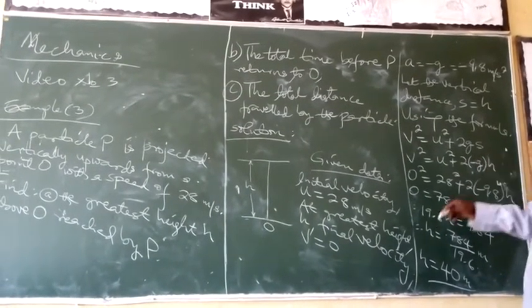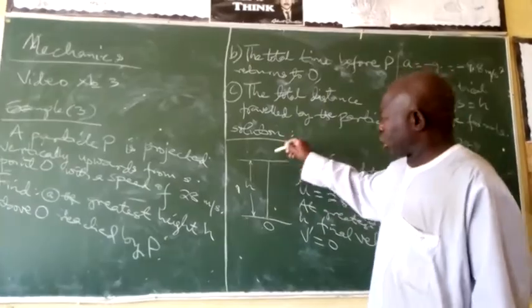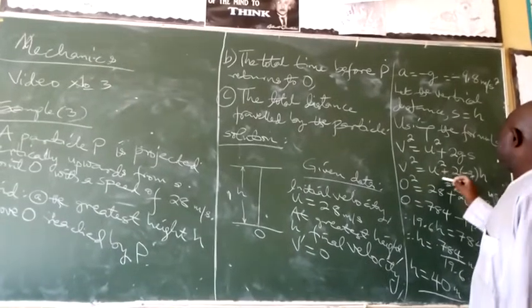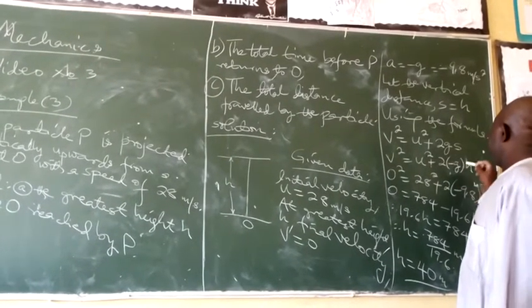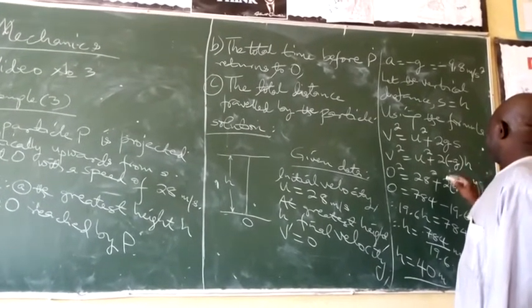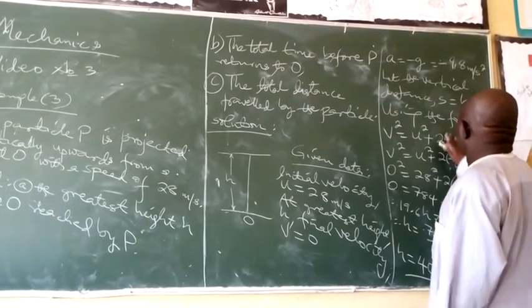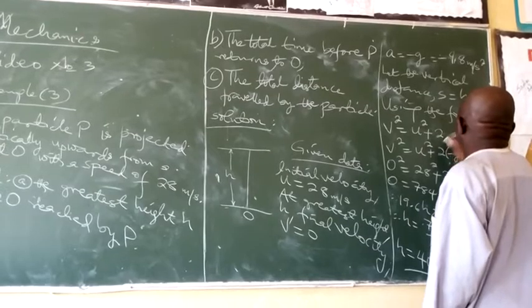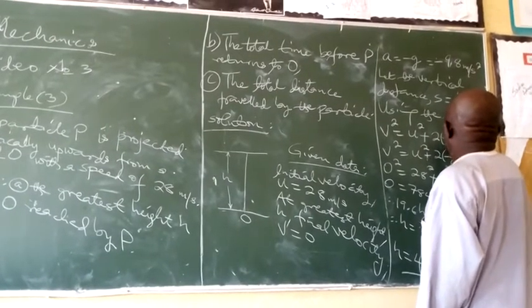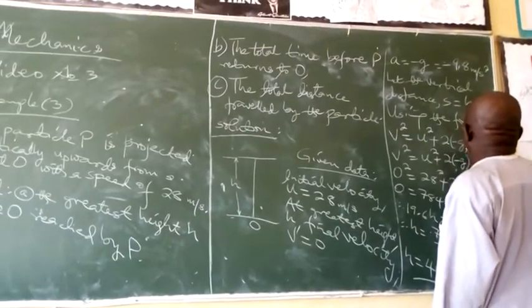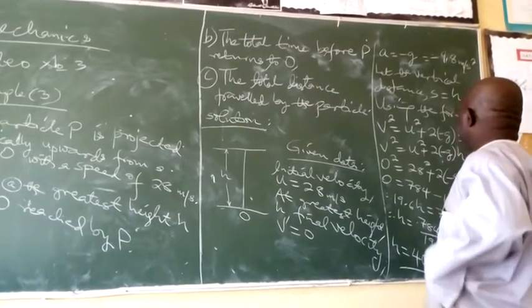S is the same thing as this vertical distance, which is H, so I can replace S with H. V squared is equal to U squared plus 2 into minus g into H. Remember that this is minus g here, because the body is moving upward, with negative gravitational acceleration.